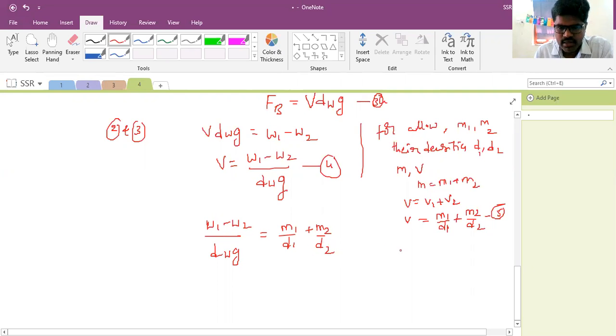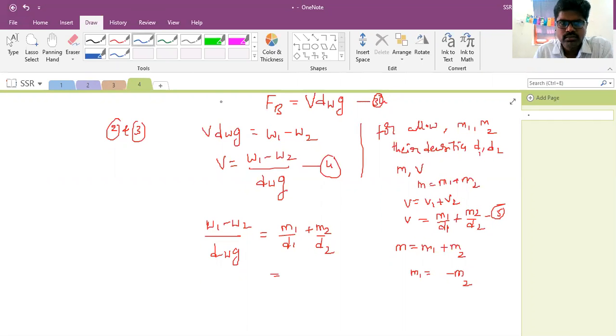But we know one equation, M is equal to m1 plus m2, so we can substitute m1 is equal to M minus m2.